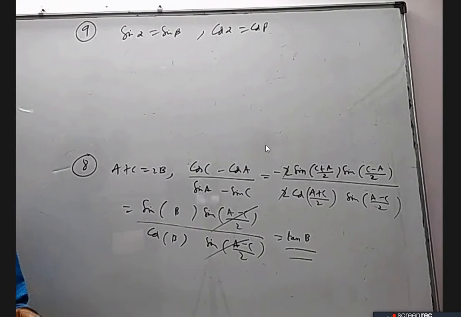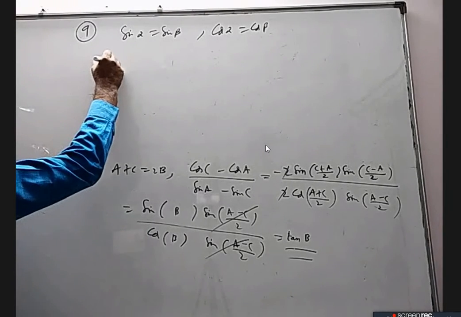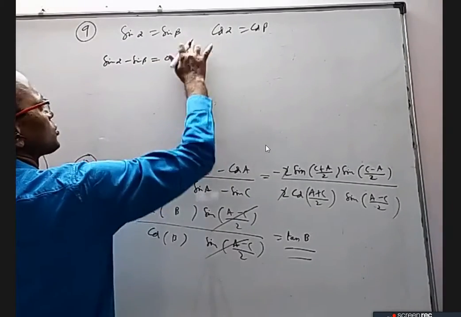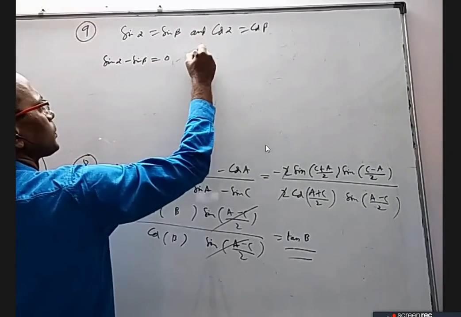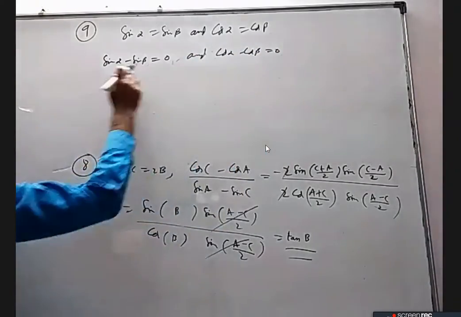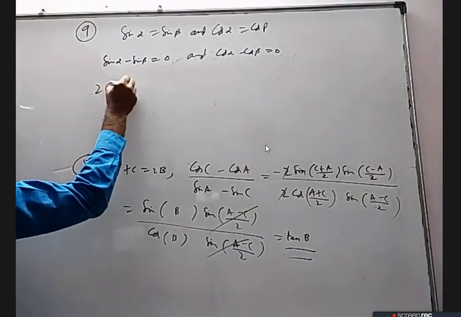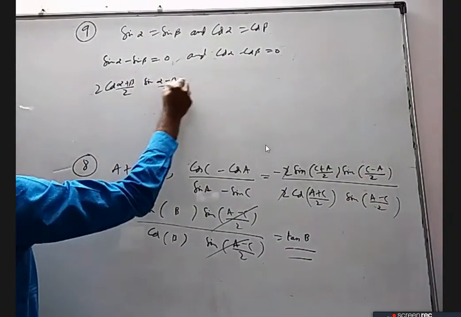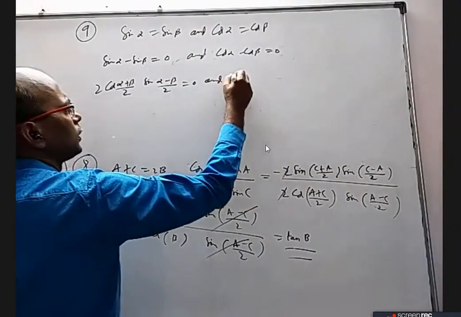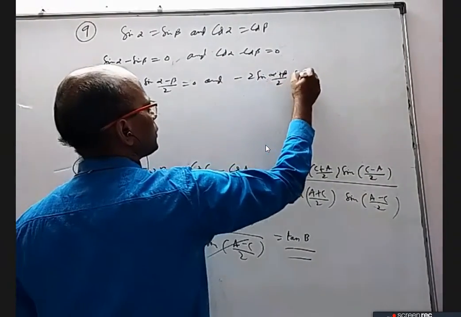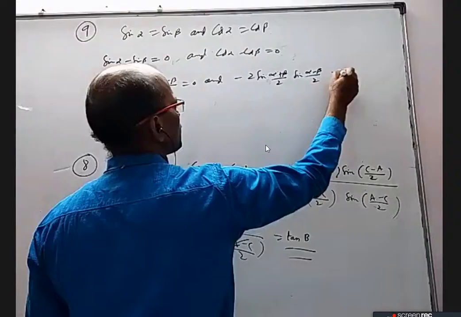We can write it as sin alpha minus sin beta equal to 0 and cos alpha minus cos beta equal to 0. We'll apply transformations, because the question is this and this. When you apply transformations, you'll get 2 cos (alpha plus beta) by 2 sin (alpha minus beta) by 2 equal to 0, and minus 2 sin (alpha plus beta) by 2 sin (alpha minus beta) by 2 equal to 0.